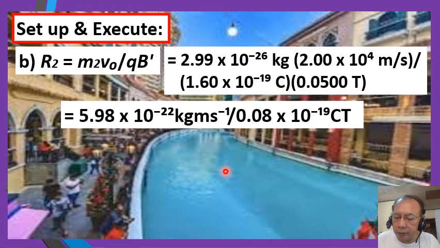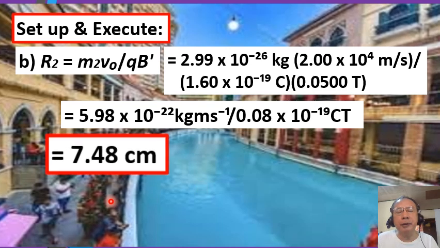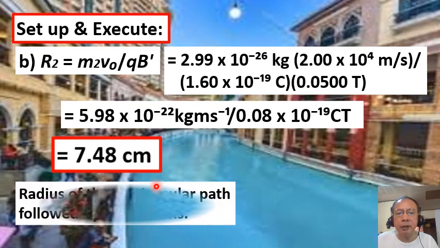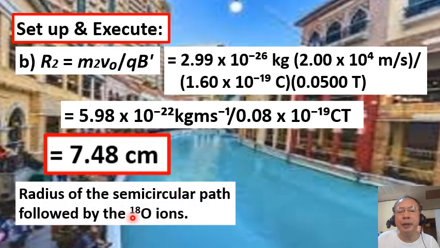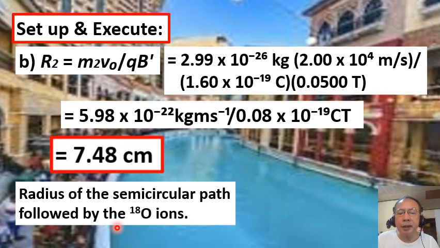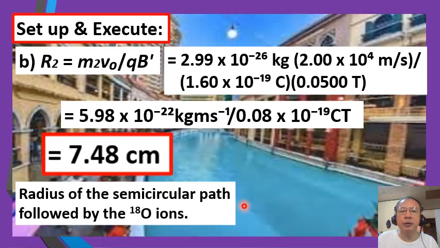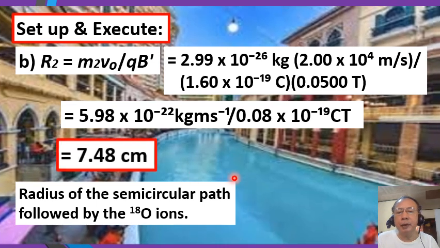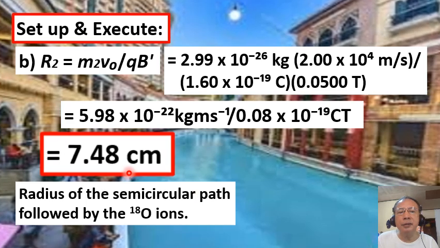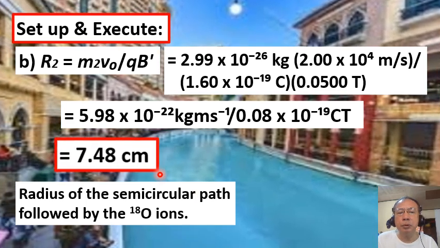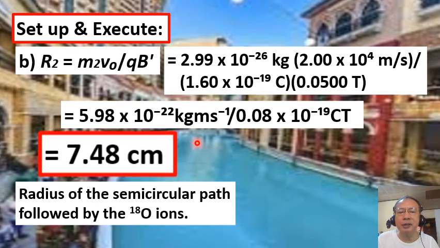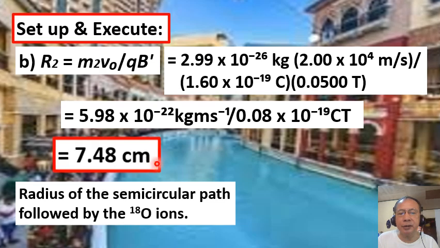And finally, doing our math, we arrive at the value of R2, 7.48 centimeters, which is the radius of the semicircular path followed by the oxygen-18 isotope ions. So, as illustrated in the diagram earlier, the radius R2 of the ion that has greater mass is, of course, greater.